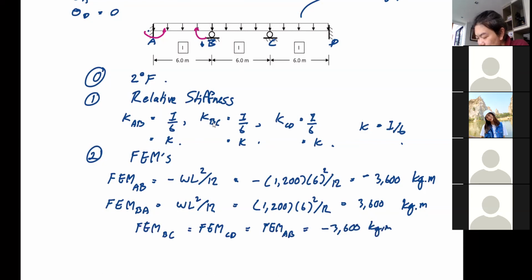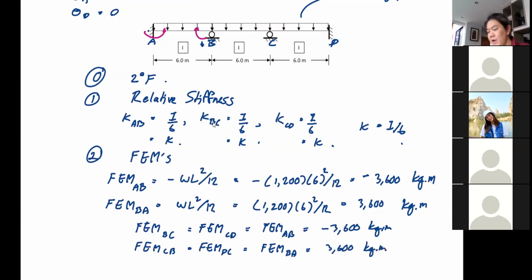Okay, and then we have FEM CB equal to FEM DC, which is equal to FEM BA that we just calculated. So that is 3600. Okay, so the second step is done.